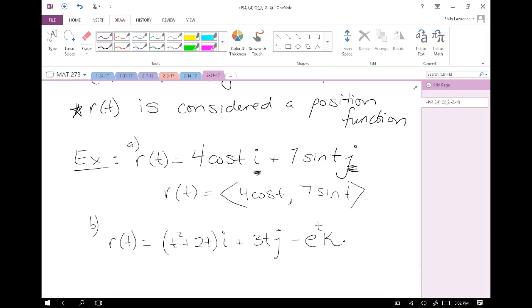So vector valued function, that's just two separate concepts that we have now combined. It's a vector because we see the i, j, k, but it's also made up of functions. Its components are functions. So it's a vector valued function.